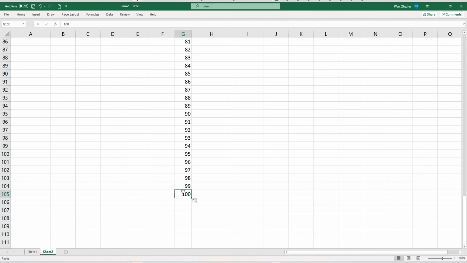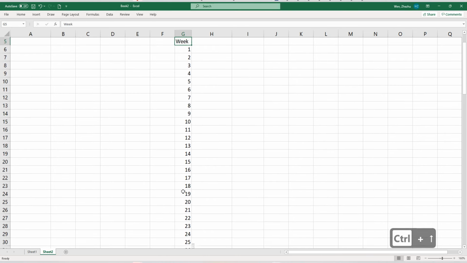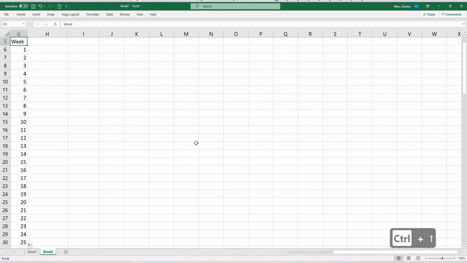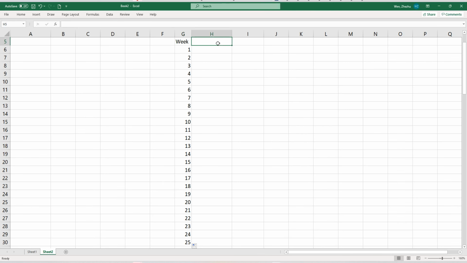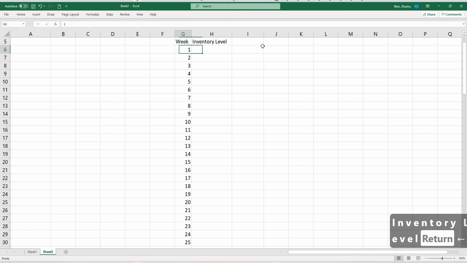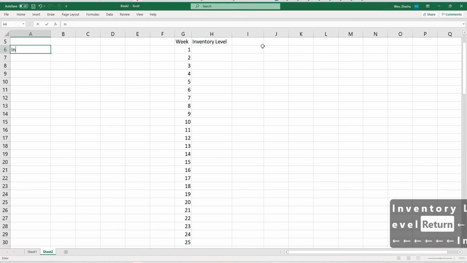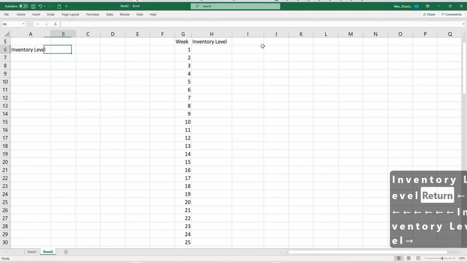See how I'm doing this. Control upward arrow will help you jump to the very top. And next column, okay, scrolled. Next column, I'm going to put the inventory level. This is inventory level that you will be deciding here.